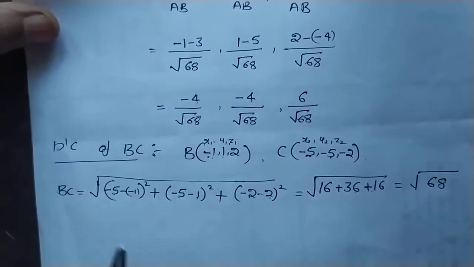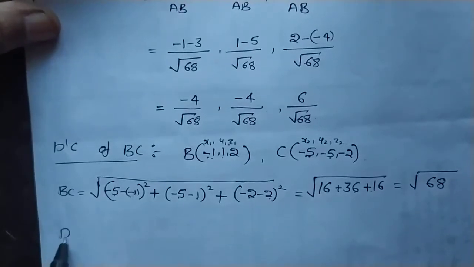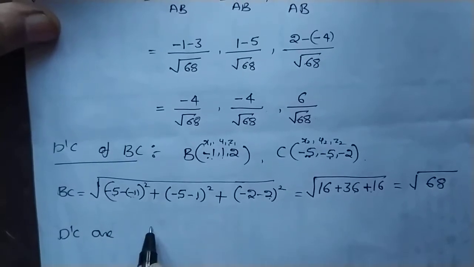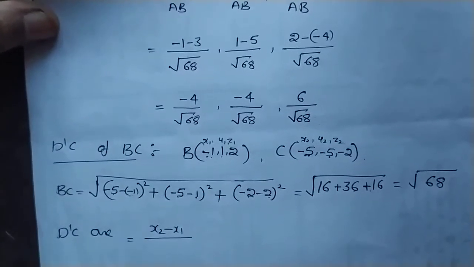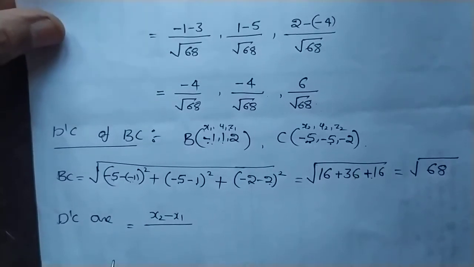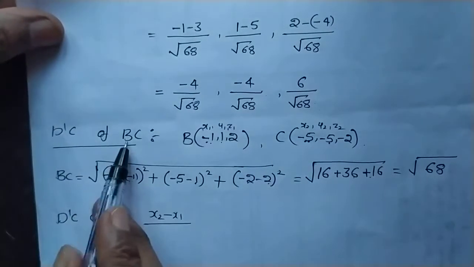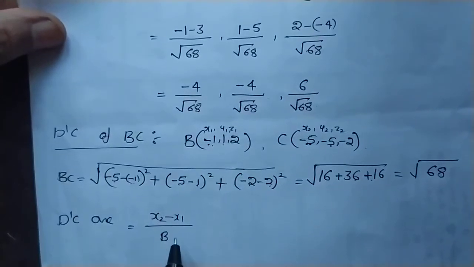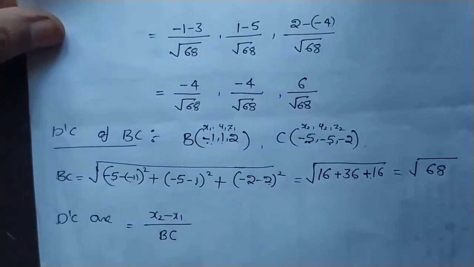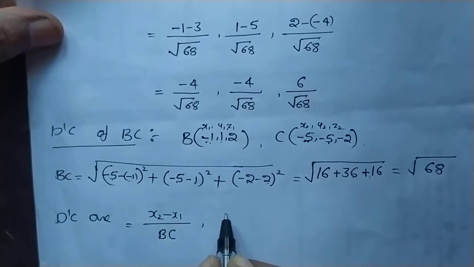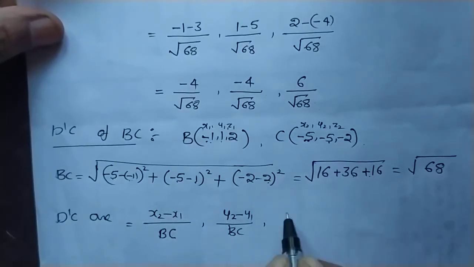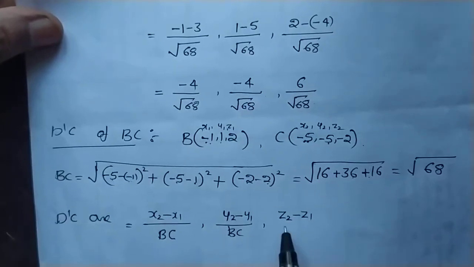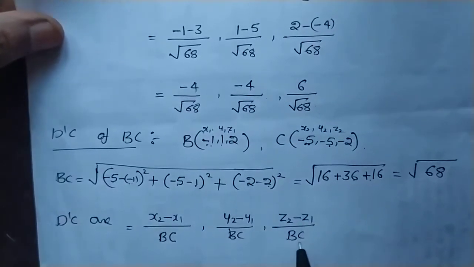Next, write down the formula for direction cosines. Since we are finding the direction cosines of BC, in the denominator we will get BC. So they are (x2 minus x1) by BC, (y2 minus y1) by BC, (z2 minus z1) divided by BC.